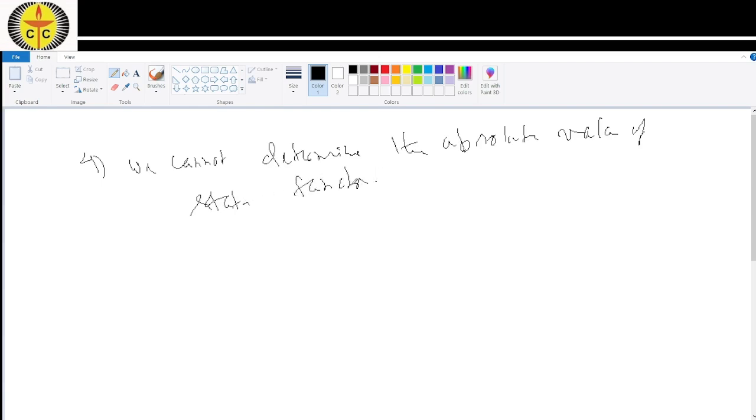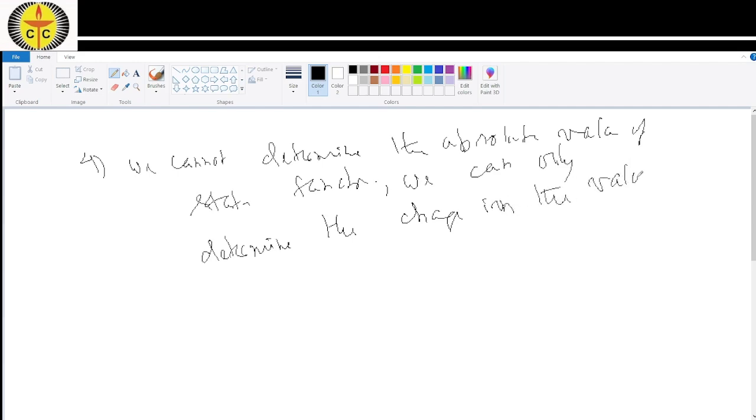We can only determine the change in the value of a state function. So these are the characteristic properties.